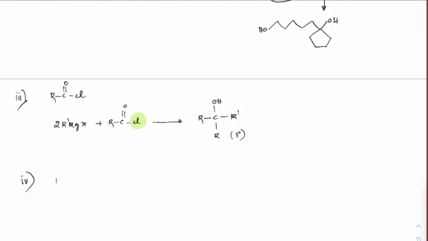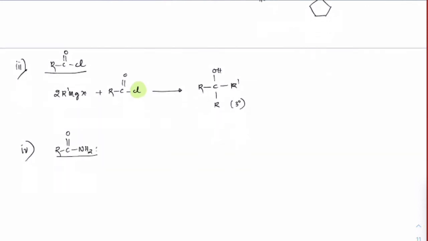Fourth, check out the reaction with another derivative of carboxylic acid, the amide. This is acid chloride, this is amide. If you check out the reaction with amide, RC double bond O NH2, if you treat that with R dash MgX, we will have R C double bond O NH minus MgX plus.